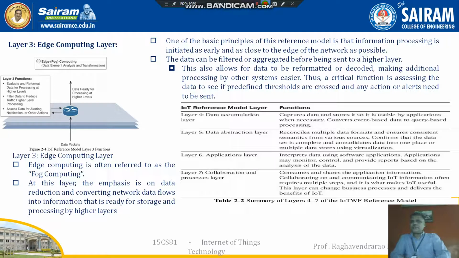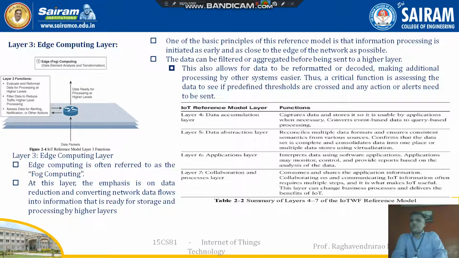Collaboration and processes layer. Here, people consume the application information by collaborating and communicating with the IoT information. Often it requires multiple steps, because in IoT, data is going to get transferred to different locations.